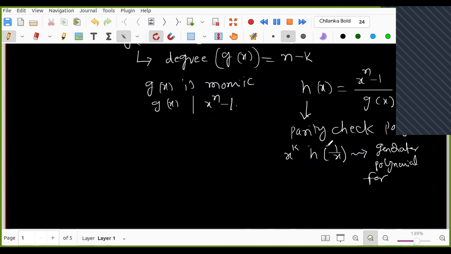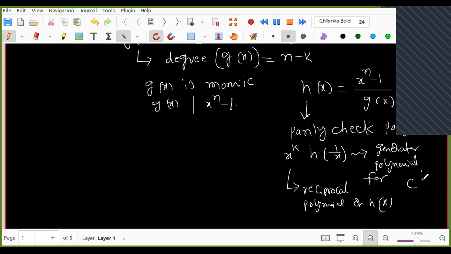So now this is the polynomial we use to form the parity check matrix, right? You remember that? It is called the reciprocal polynomial. Remember? This is a reciprocal polynomial. I'm just recalling the reciprocal polynomial of h of x, right?